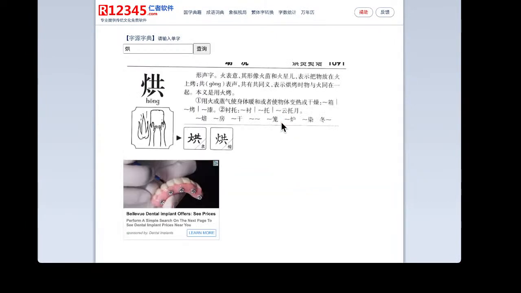Let's take a look at the character itself. This one has the fire radical, because it's related to fire. And on the right-hand side is the character gong, and gong means common.